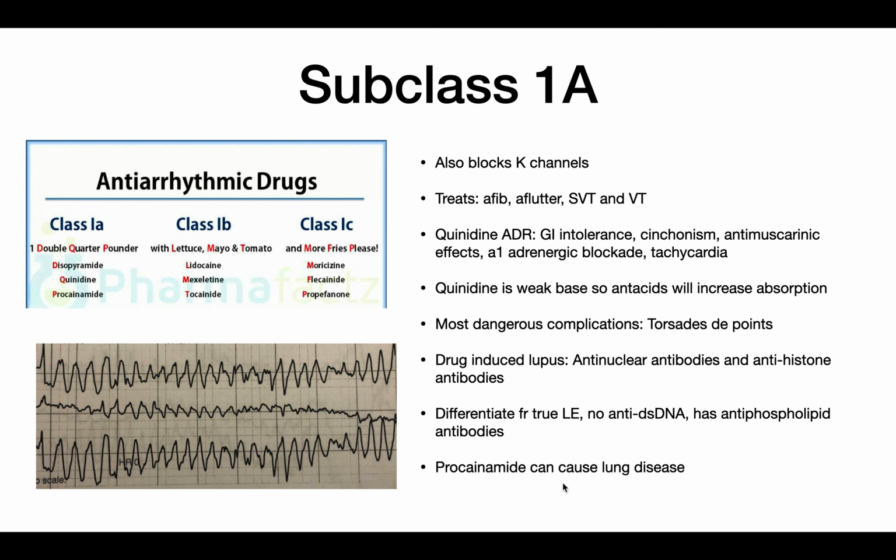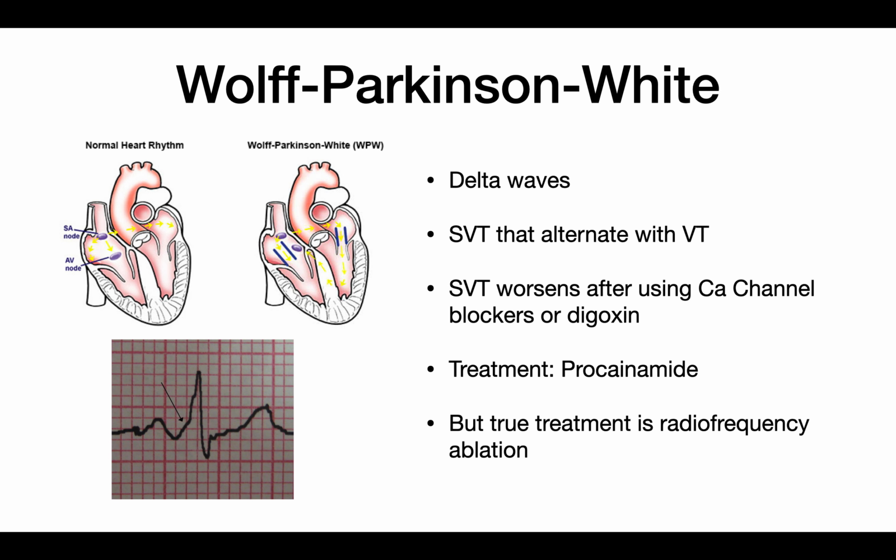Procainamide can cause lupus, and this is what I was talking about, the Wolff-Parkinson-White. It results in the delta wave, and it's basically re-entry currents.